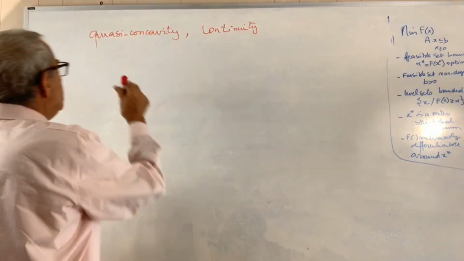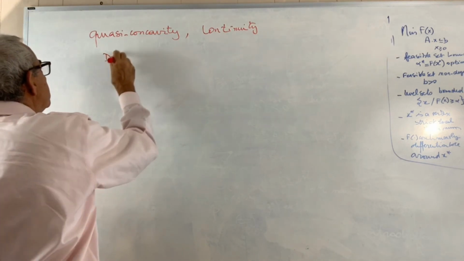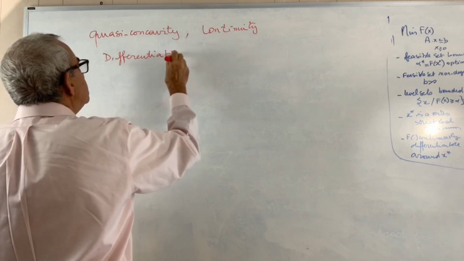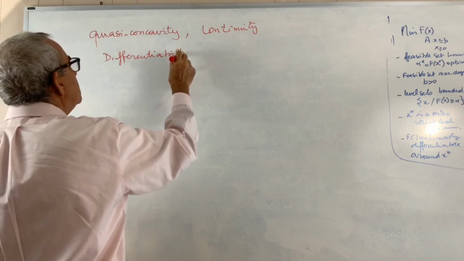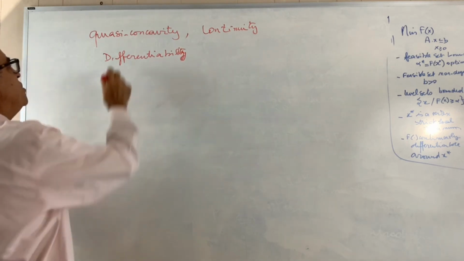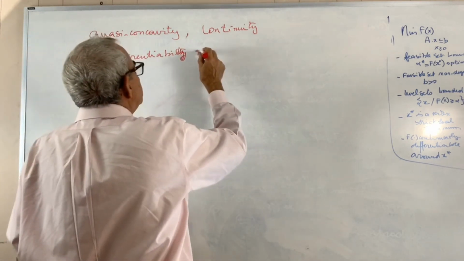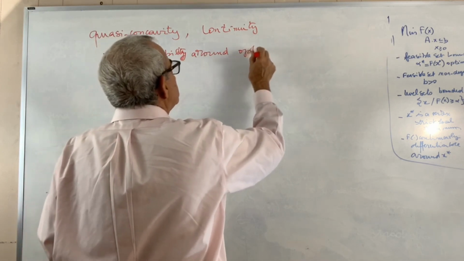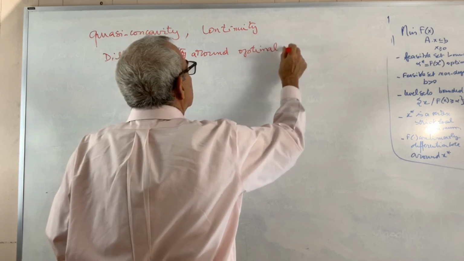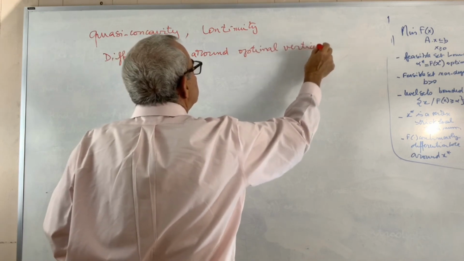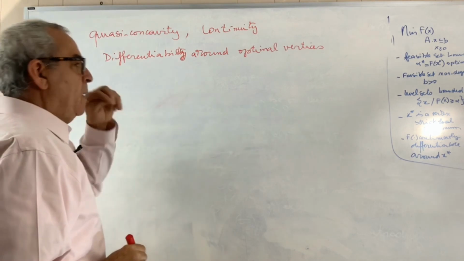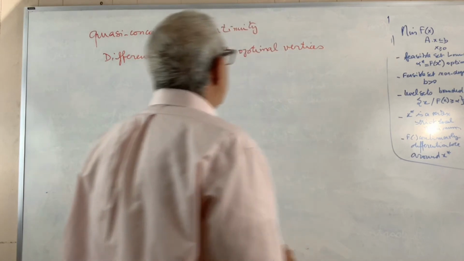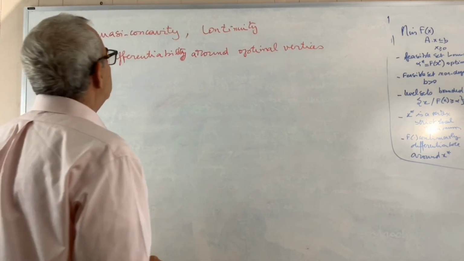For finite convergence, we need differentiability around optimal vertices. Now, strict local minimum, we saw how we can get over that, and everything else we can go over those assumptions.